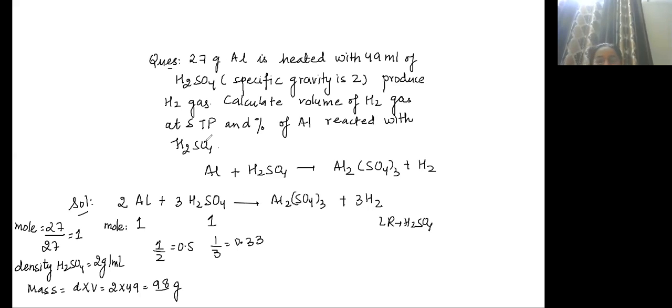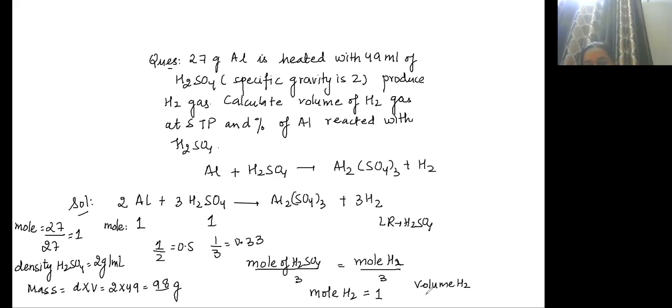So how to calculate volume at STP? Moles of H2SO4 divided by 3 is equal to moles of H2 divided by 3. So 3 will be cancelled. Moles of H2SO4 is 1, so mole of H2 is 1. So what will be volume of H2 at STP?